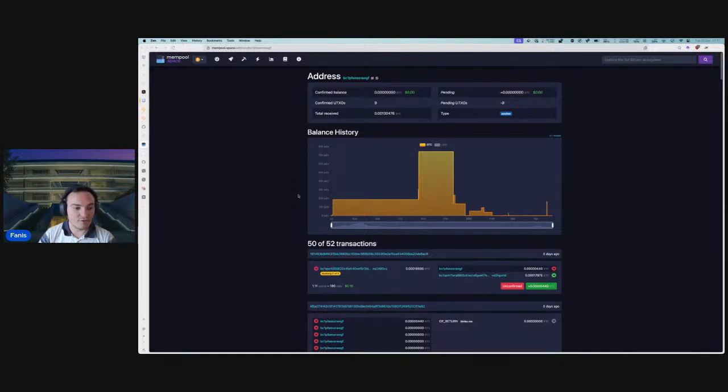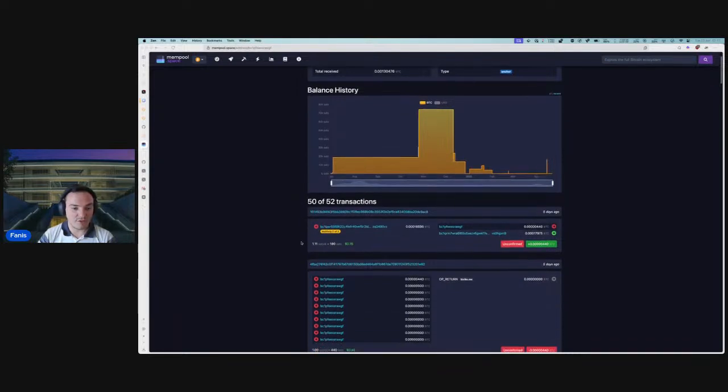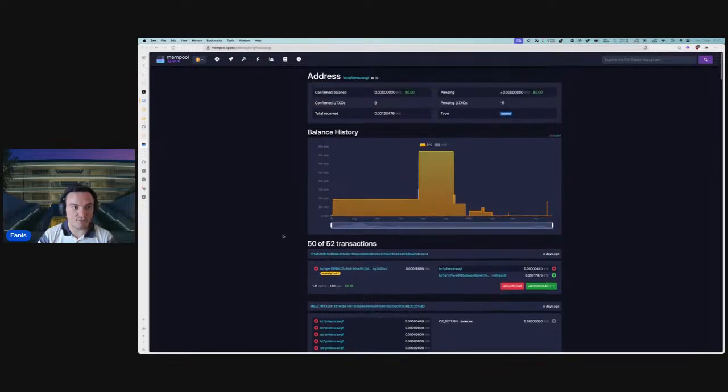But you may also start to see version 3 transactions that use this address as an anchor output, and not necessarily as an ephemeral anchor, but as an anchor output. And that's why the mempool.space website already shows that the type of this address is anchor.